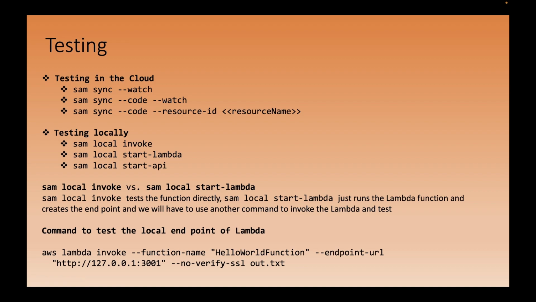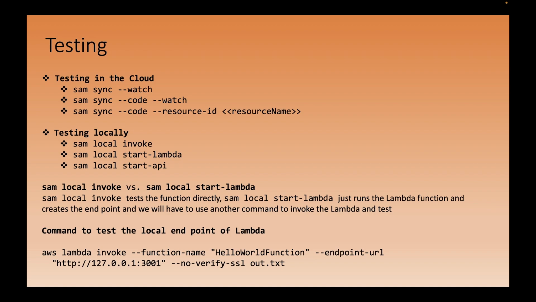But if you just want your Lambda code to be synced, you can pass dash dash code and it just looks at all your Lambda functions. Or you can be very picky: if you would like it to look at only one resource, you can just pass the resource ID, which covers the testing in the cloud.